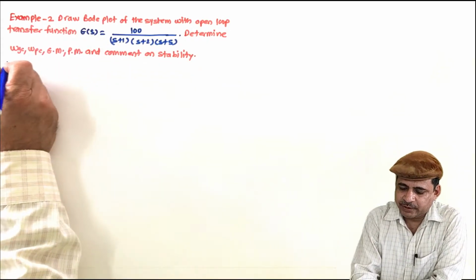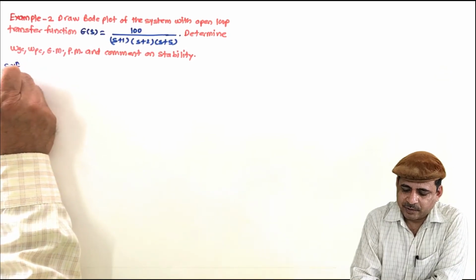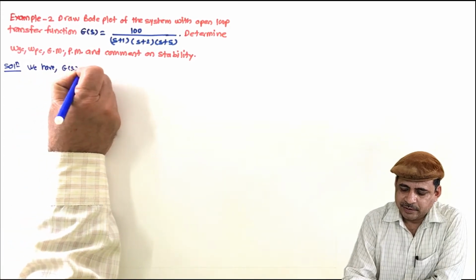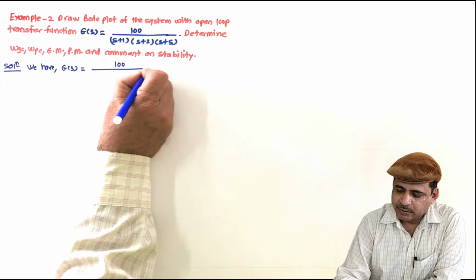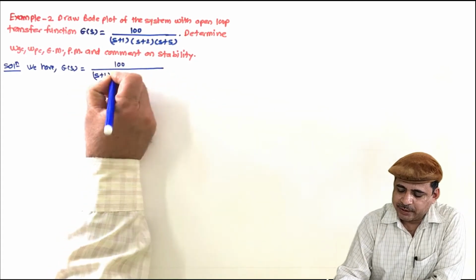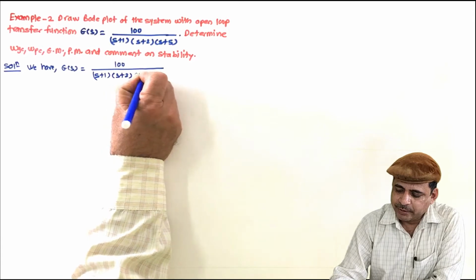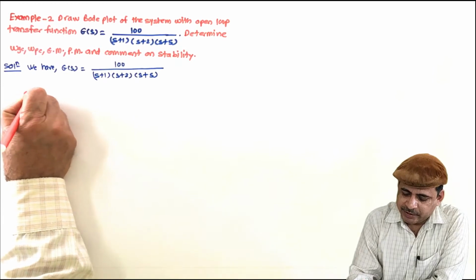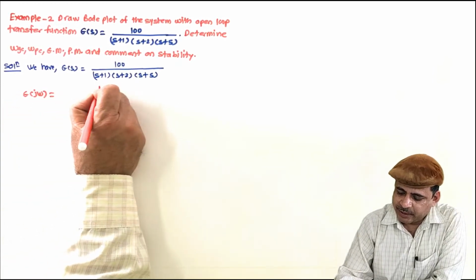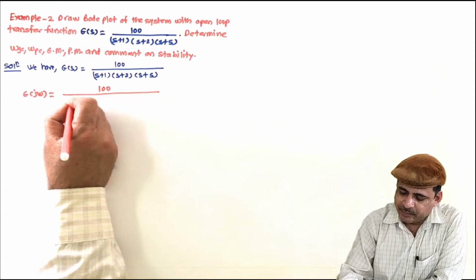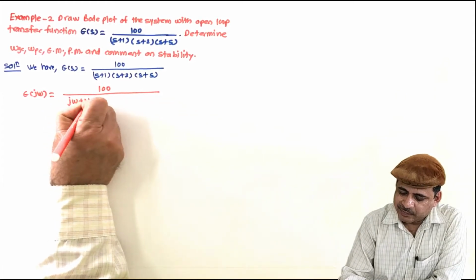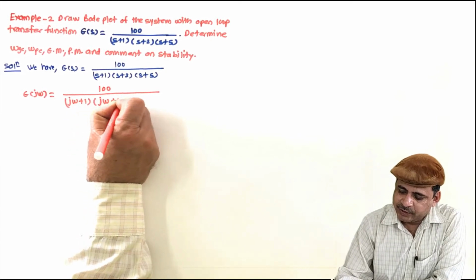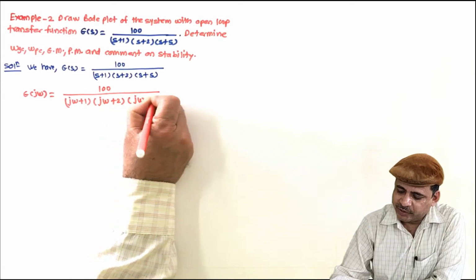So we have the given transfer function G(s) equal to 100 upon (s plus 1) into (s plus 2) into (s plus 5). Then its frequency response function G(j omega) can be obtained by replacing s with j omega, to get G(j omega) equal to 100 upon (j omega plus 1) into (j omega plus 2) into (j omega plus 5).